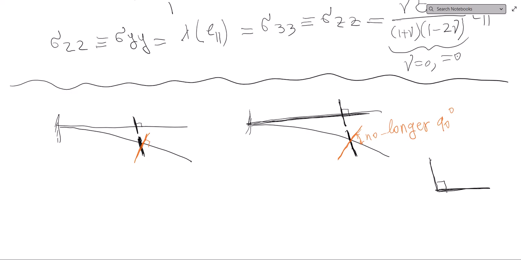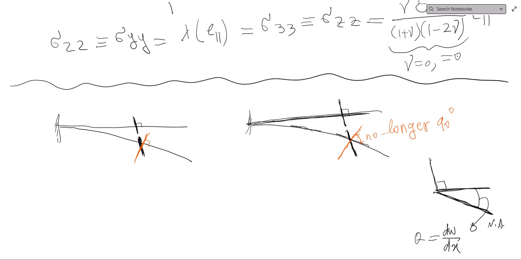The neutral axis will be deflected by some theta, and remember that theta was, in absolute value, dw dx. Still we have the slope here, but this is the new deflected neutral axis.